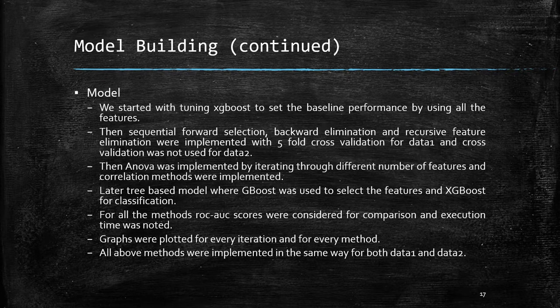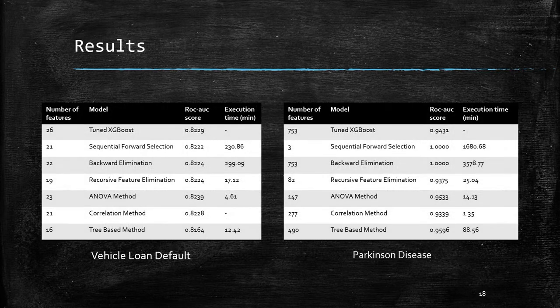Coming to model building, first we have done sequential forward selection, backward elimination, and recursive feature elimination with fivefold cross validation. Then ANOVA, and then correlation, and later a tree based method where XGBoost was used to select features and GBoost for classification, and later we noted down the ROC AUC scores and arrived at our final result.